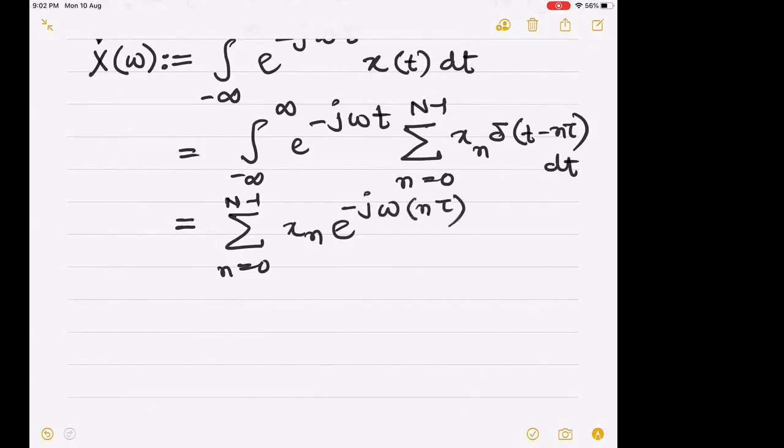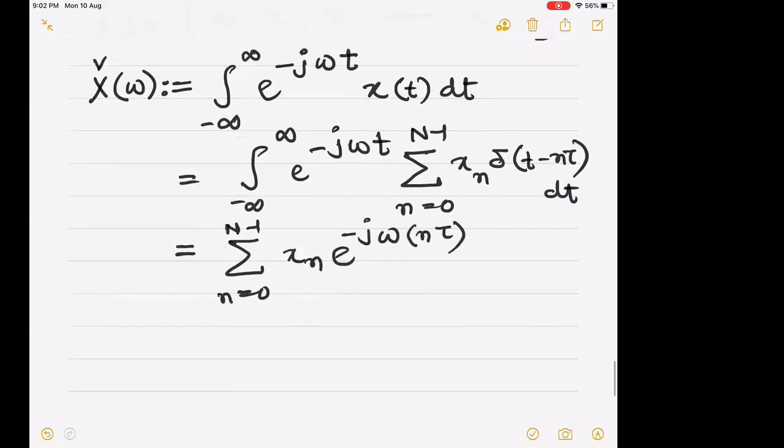So this is the sum that we get. Notice that this X check of omega, the Fourier transform, happens to be a finite sum of exponential trajectories, with minus j appearing, which means these are actually sinusoidal trajectories, from Euler's formula.